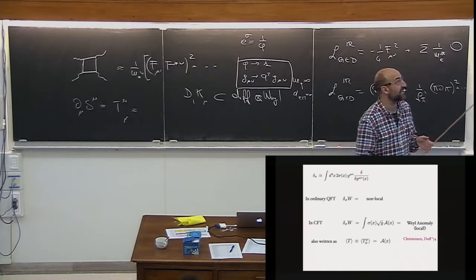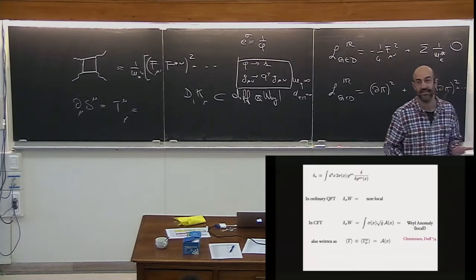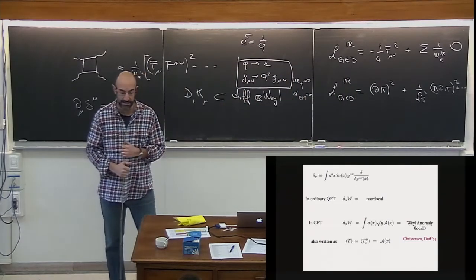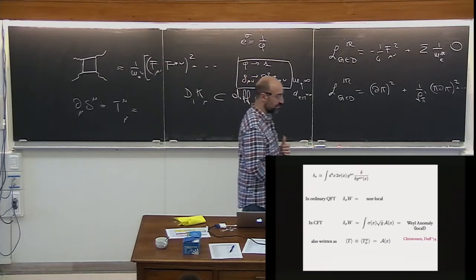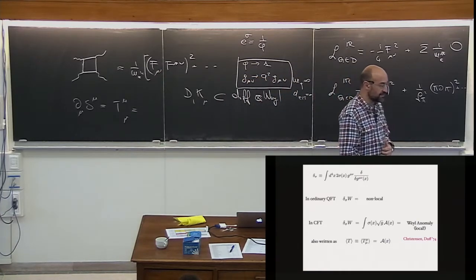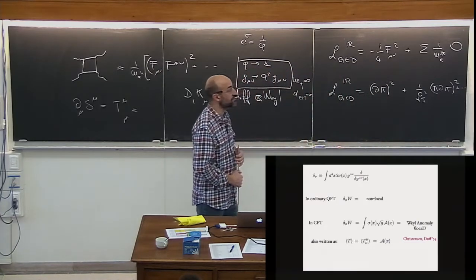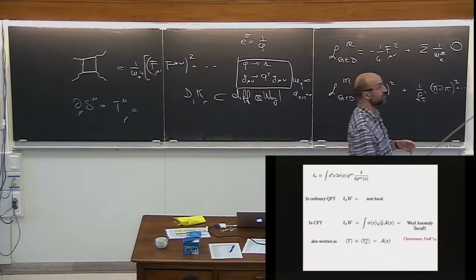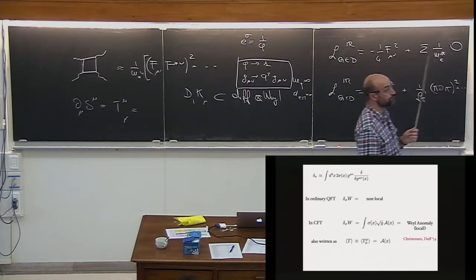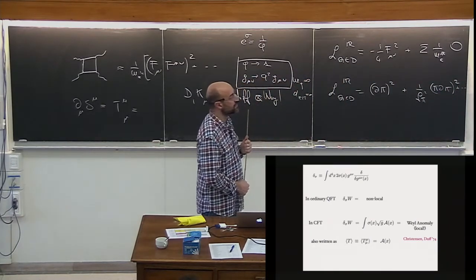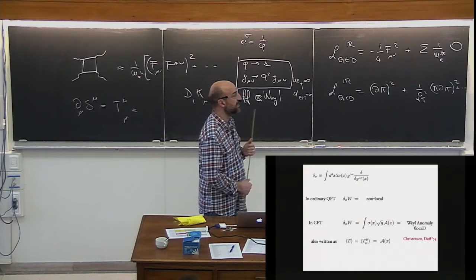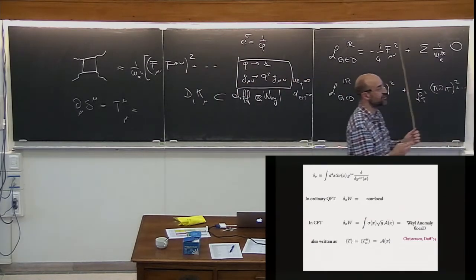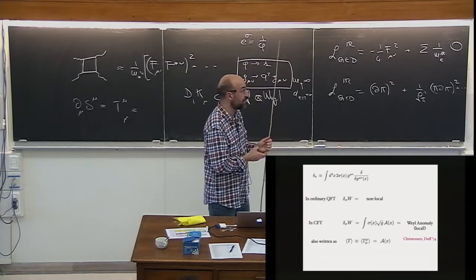On the other hand, if you truly, genuinely have an interacting theory which does break the symmetry beyond the regulation, as in an ordinary quantum field theory without conformal invariance, then you would have this to be non-local. What you have in a CFT instead is that the variation of the action is local, and this is what is called the Weyl anomaly.